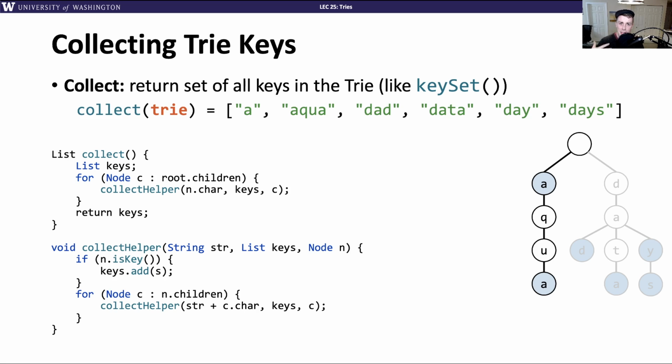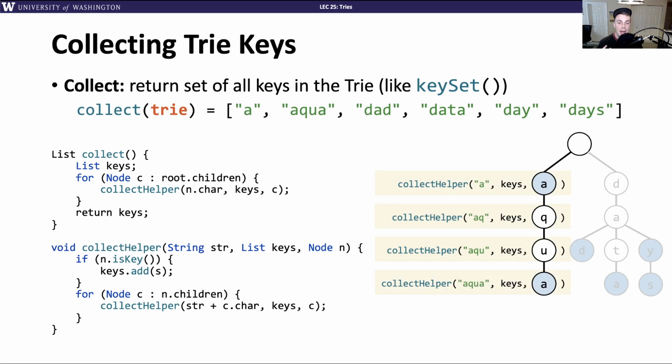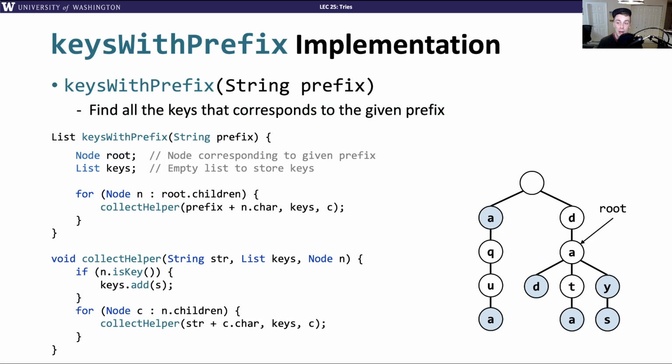And the nice thing about finding all of the words is it provides a really natural extension to finding all of the words that start with a given prefix. If you want to find all the things that start with day, you could just run this collect helper, but start at the node DA or DAY, whatever you're searching for.